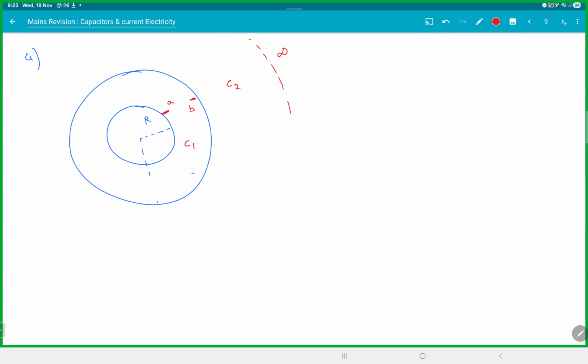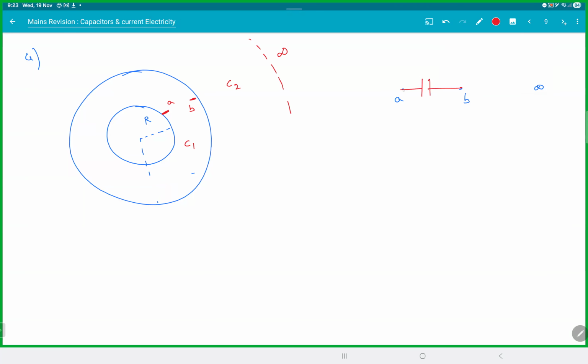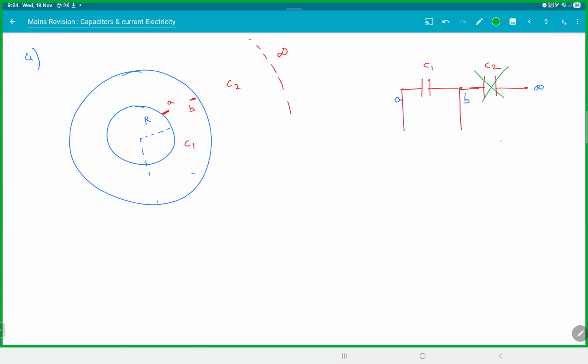You'll put the terminals, let's say A, B, and infinity. So you have the capacitor C1 between A and B, so the battery is between these two. And you have one capacitor between B and infinity that is just hanging in air. So this is useless. So the answer is C1.